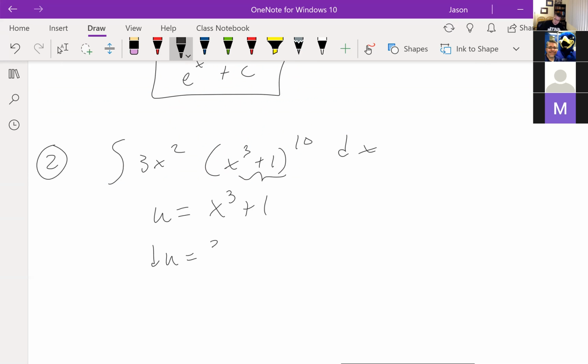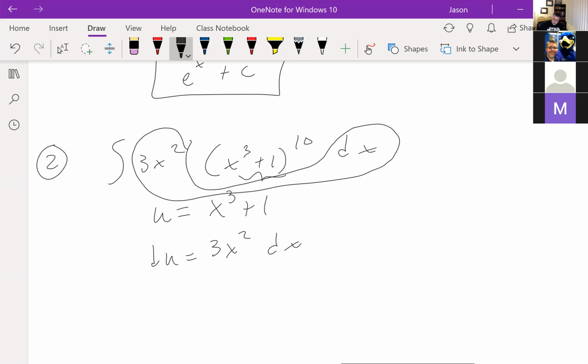Du is equal to 3x squared dx. Look at that right here. This thing right here, that's my du. So this thing just becomes u to the 10th power. Why? Because we defined u as x cubed plus 1. And then du, our du is equal to this whole thing, which is combined in the initial problem.